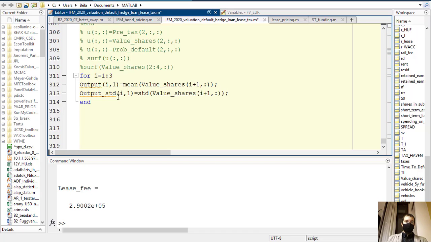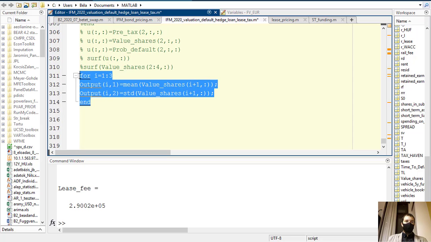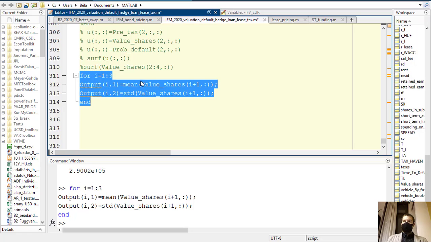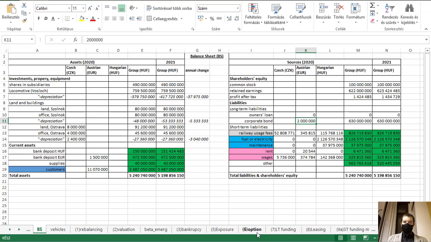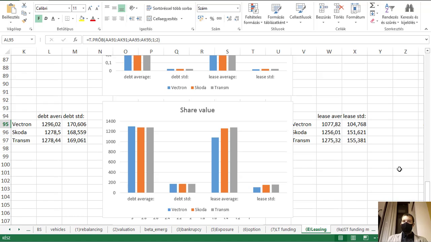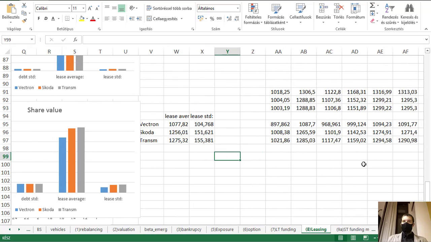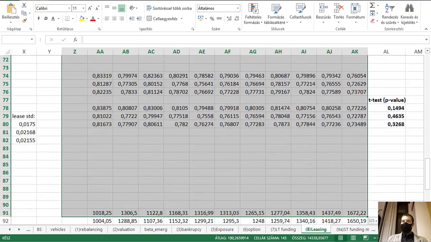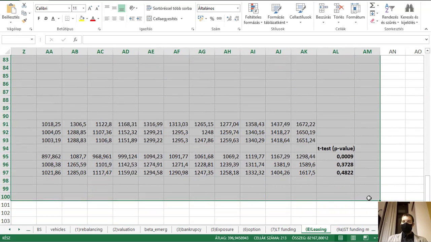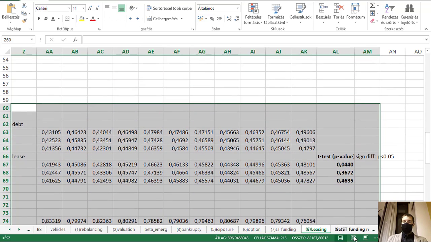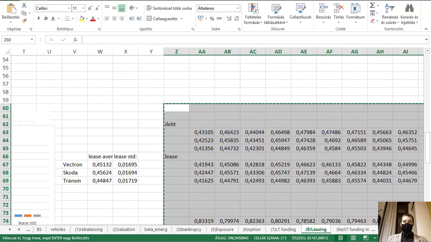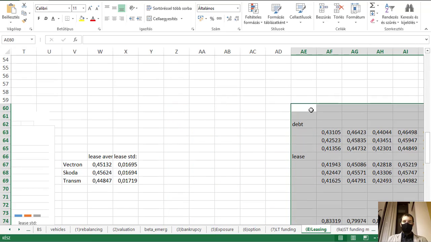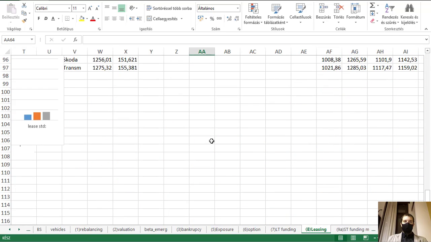Actually, it was not the greatest idea to make this distinction, so in the leasing file we already have everything about the company.